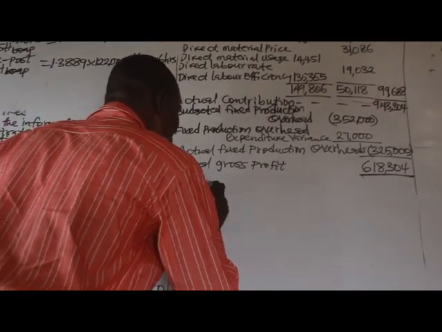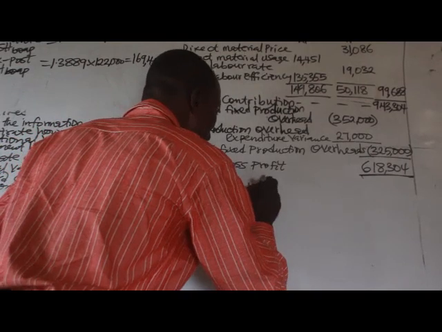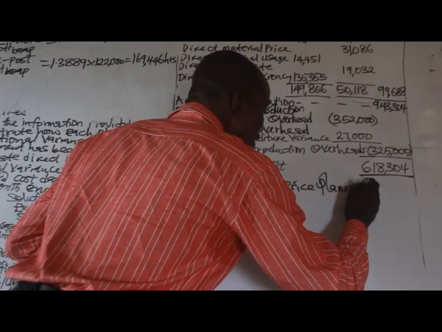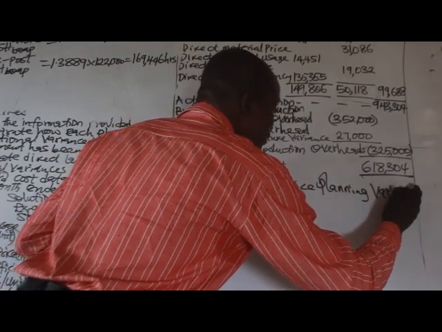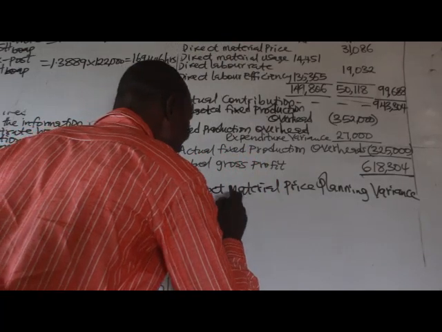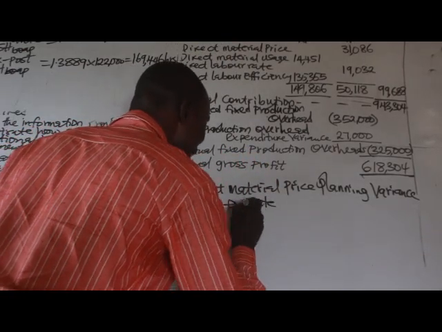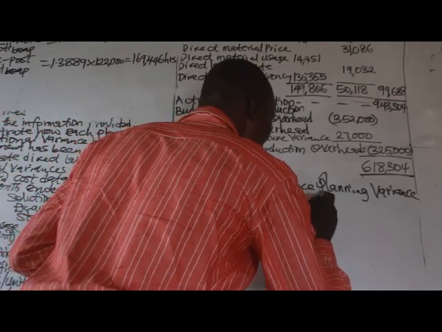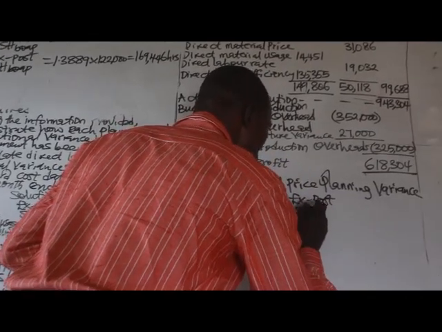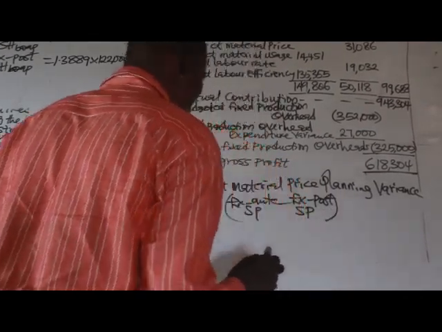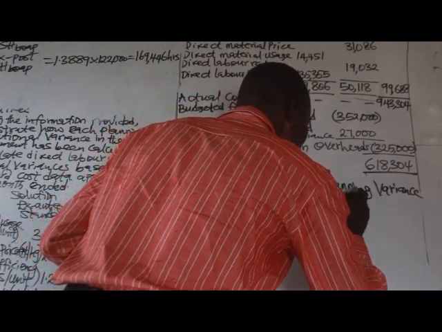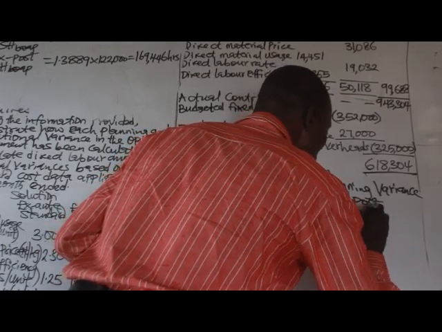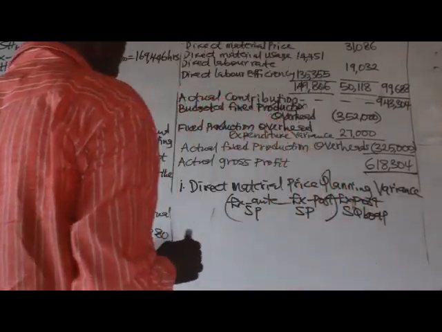Therefore, direct material price planning variance equals ex ante standard price minus ex post standard price, multiplied by ex post standard quantity based on actual production.